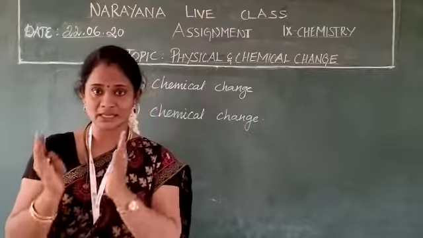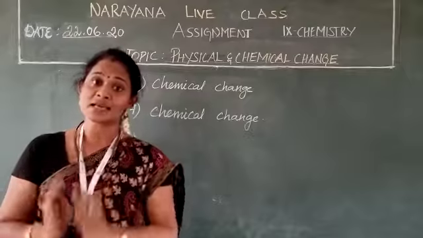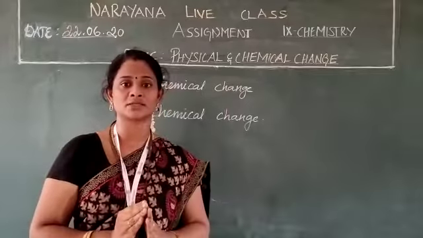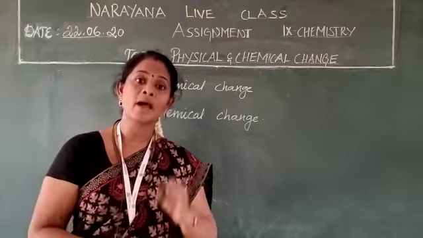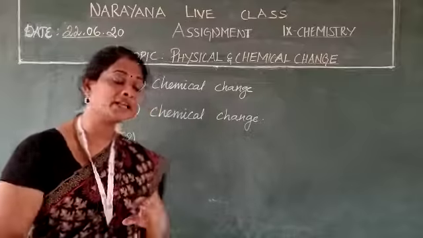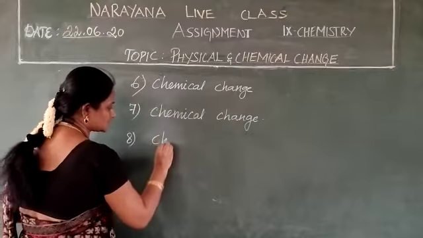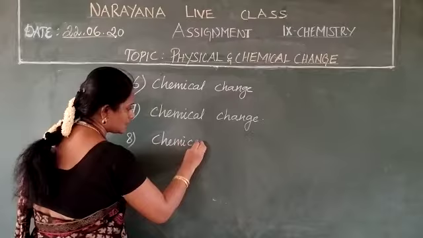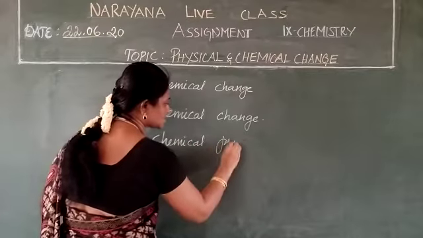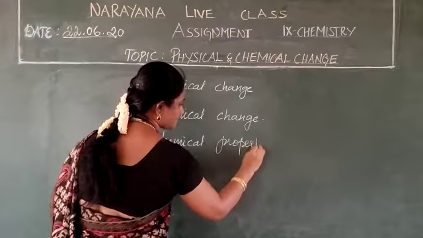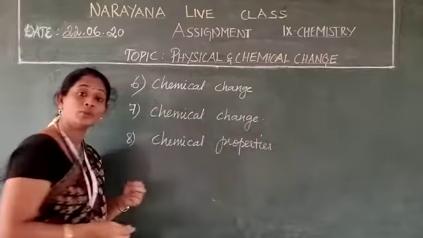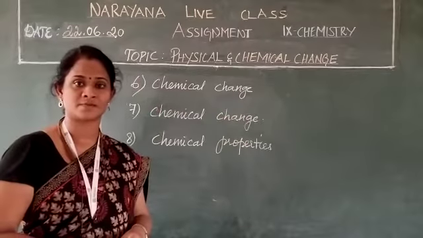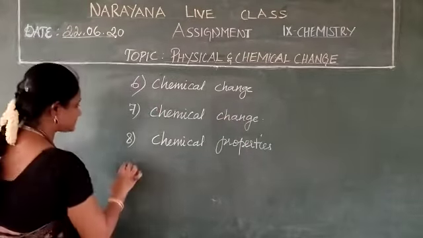The composition of the reactant is different from that of the product. So, chemical change brings a difference in chemical properties and we get a new substance. Is it clear?